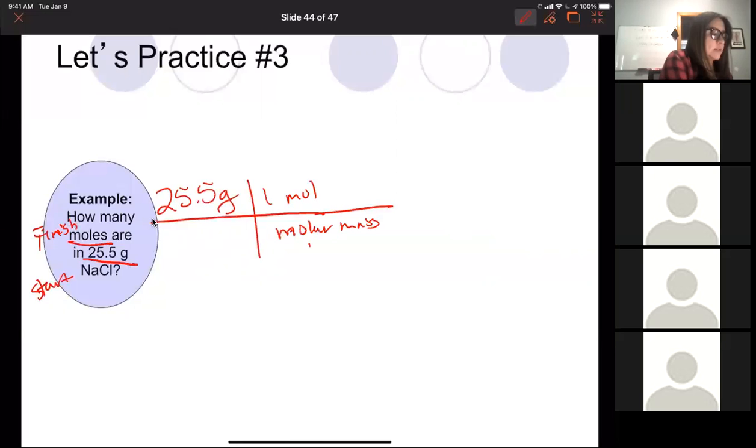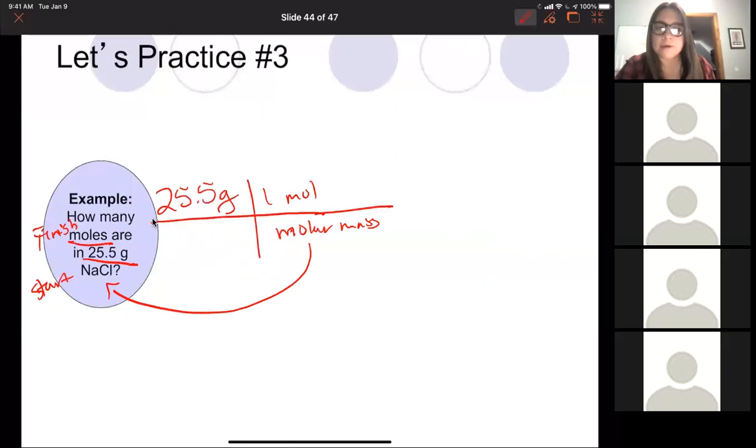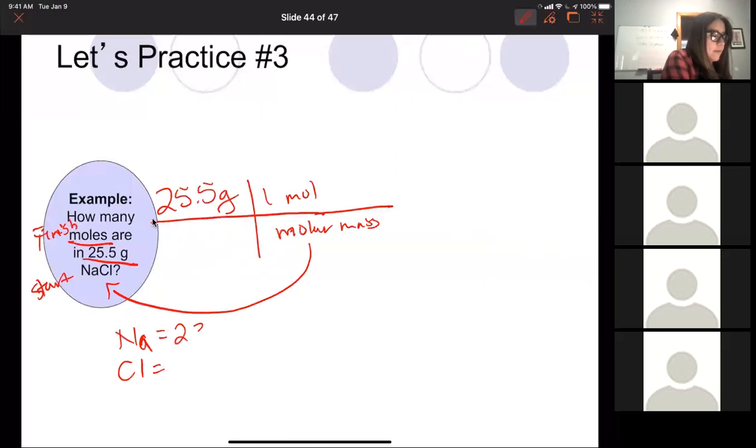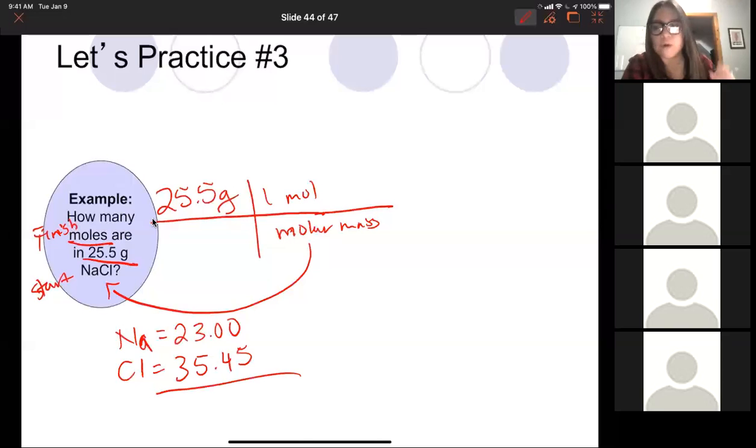The molar mass we are using, meaning we need to add Na and Cl together. Remember, we did this in the previous problem. Na is 23, Cl is 35.45. If you don't know where those numbers come from, they come from the periodic table. The molar mass is the numbers with decimals at the bottom of the square.